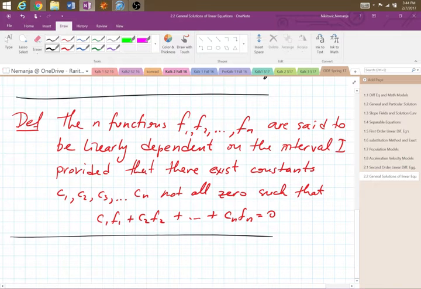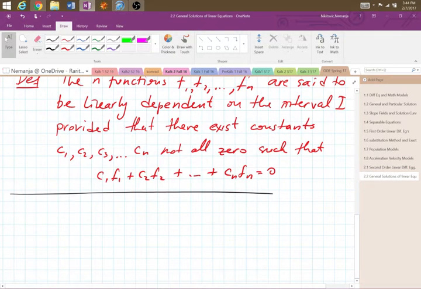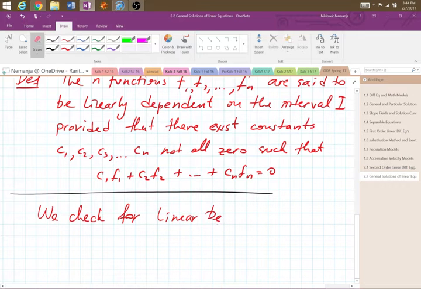So now, here also in red, we check for linear dependence using the Wronskian.